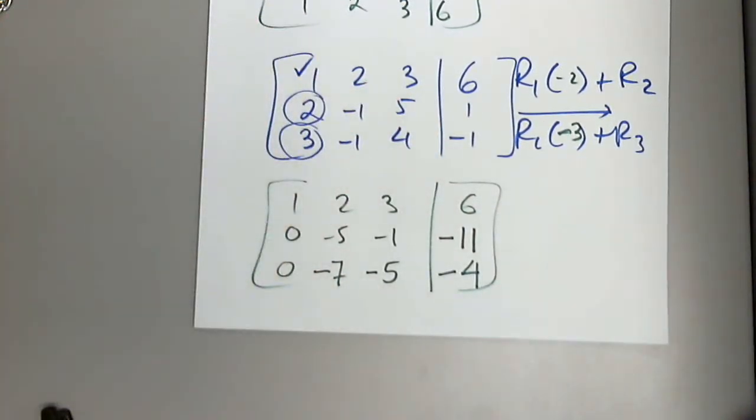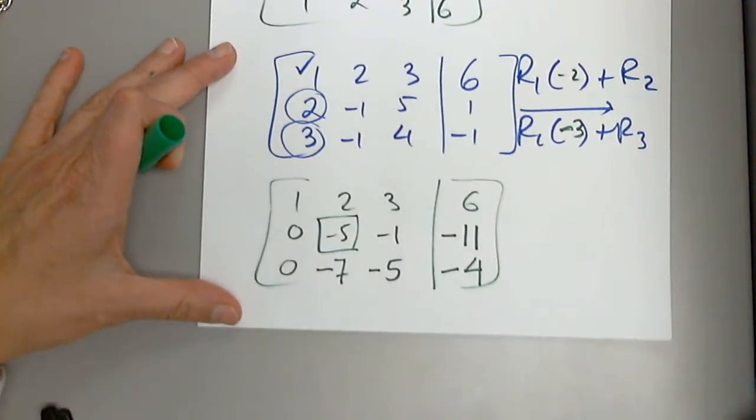In this case, I have no choice. There is no point in swapping these two, they're both ugly. So I'm going to have to divide this row by -5 to get the corresponding one that will help me eliminate these two. That's the carved in stone next step.